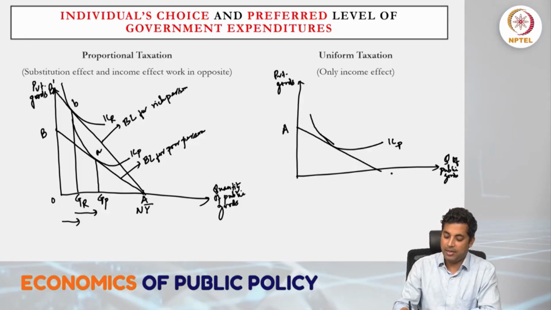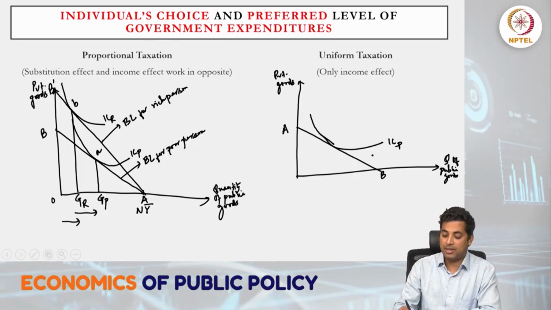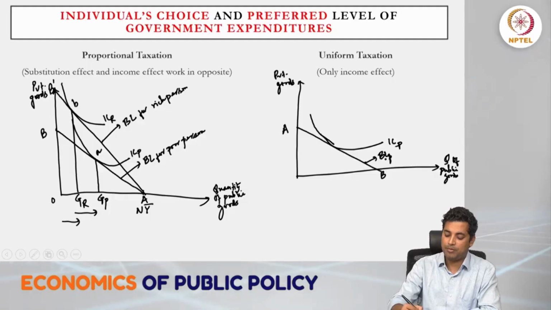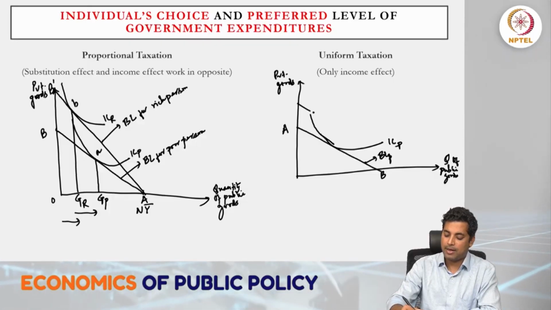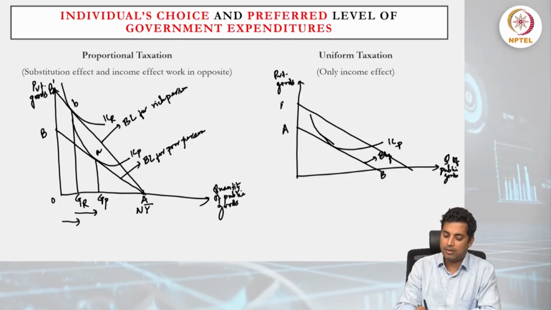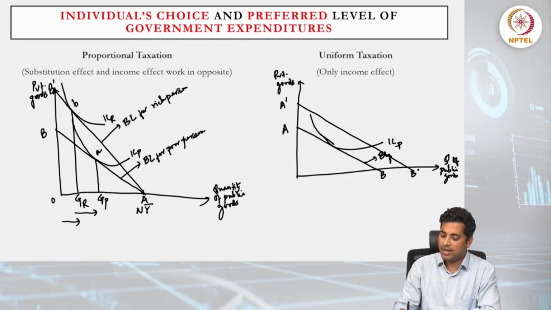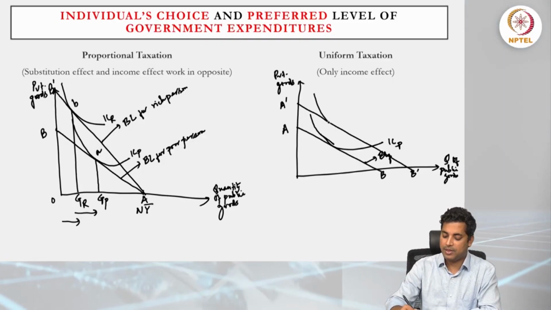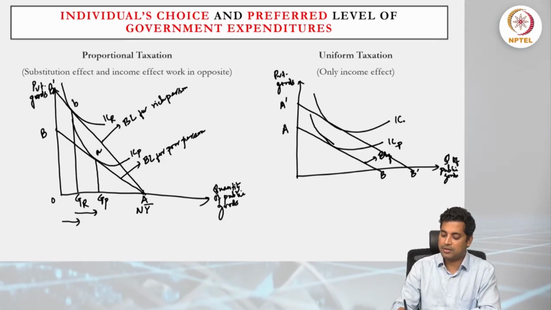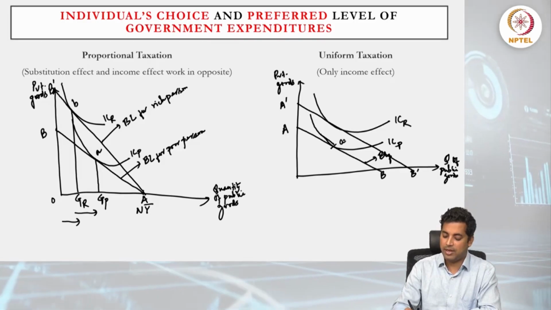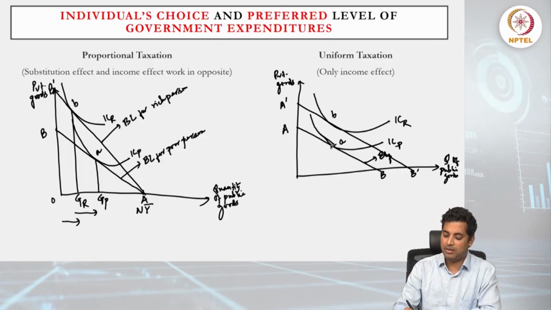Say AB is a budget line for the poor person, and A dash B dash is a budget line for the rich person, and then you see here the indifference curve for the rich person. Again we get two tangent points, one is A and one is B.